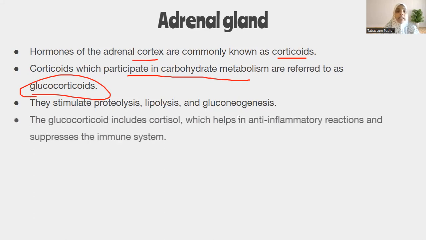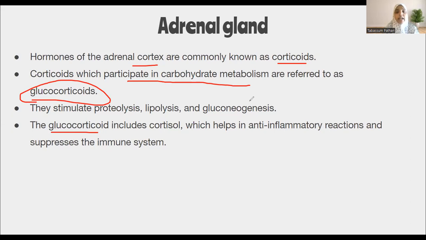Yes. Then the glucocorticoid also includes cortisol, which will help in anti-inflammatory reactions and suppress the immune system. So this cortisol is another hormone which is produced by the glucocorticoids of the adrenal cortex. They will suppress the immune system by doing what?